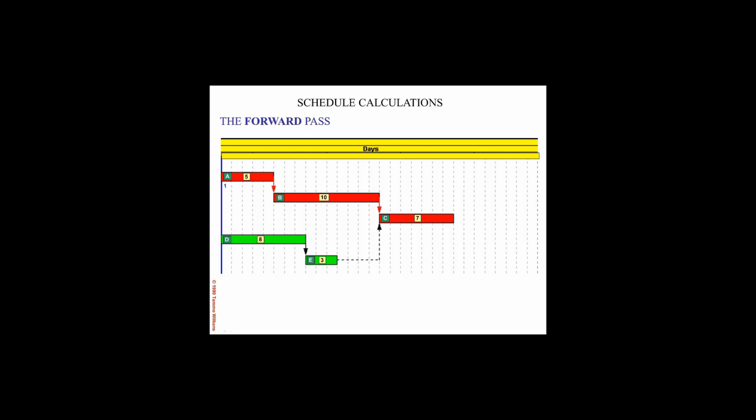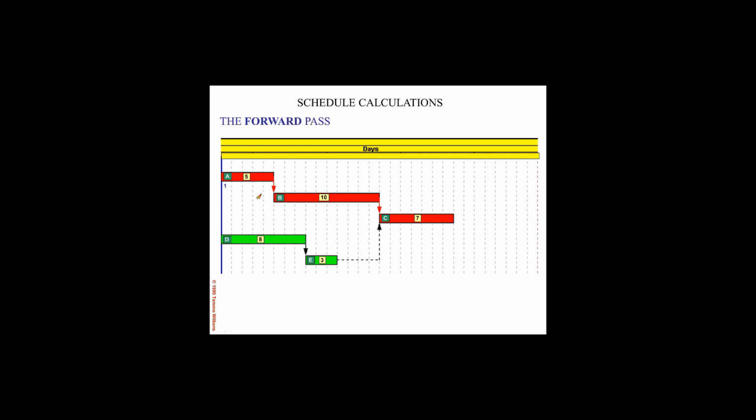Now, to come up with the finish date, the computer does not see the graphics. You may be counting the days and say to yourself, well, activity A is going to finish on day, let's see, day 1, 2, 3, 4, 5, but the computer doesn't see the graphics.